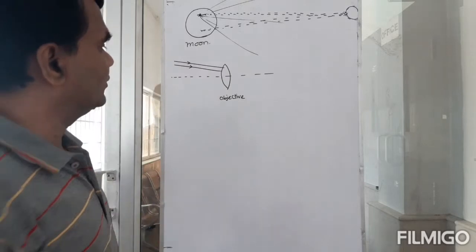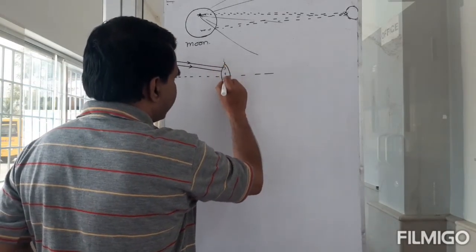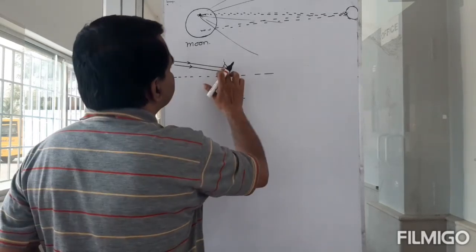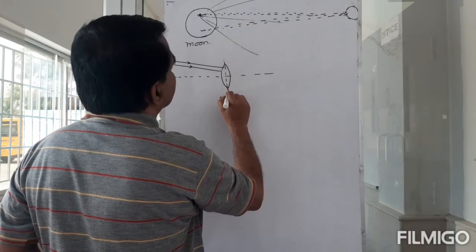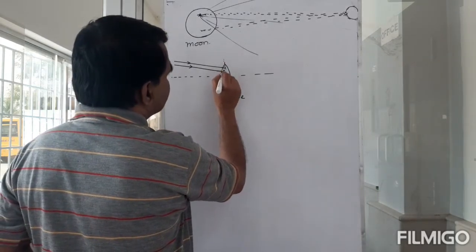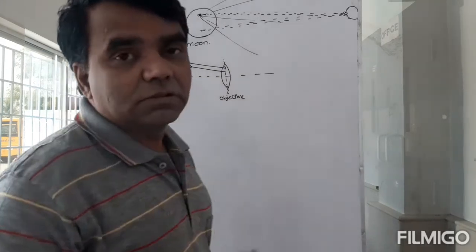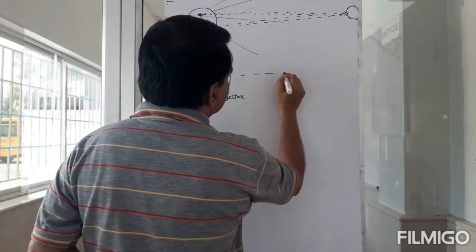So they come here, and now they hit this lens. Okay. Then what will parallel rays do? Parallel rays will converge at a distance which is equal to the focal length. We've seen that. So let's suppose this is the focal length.